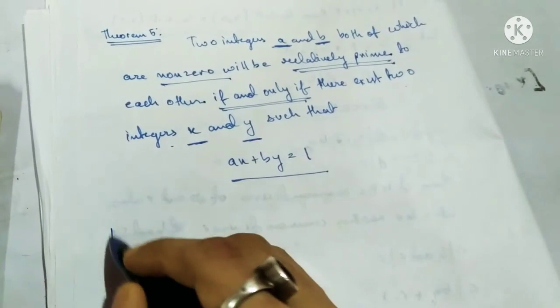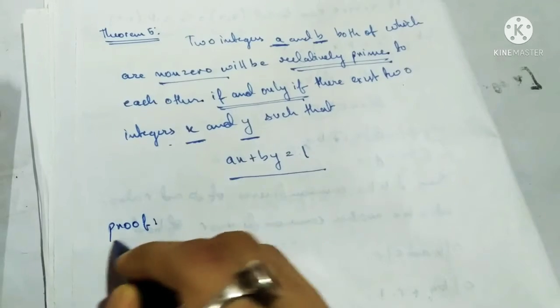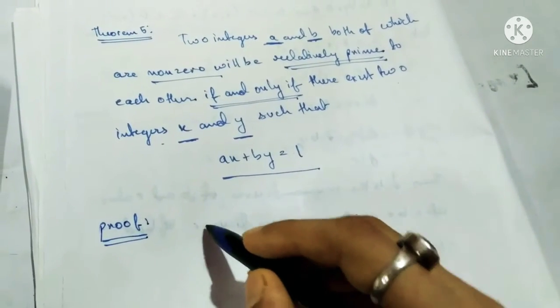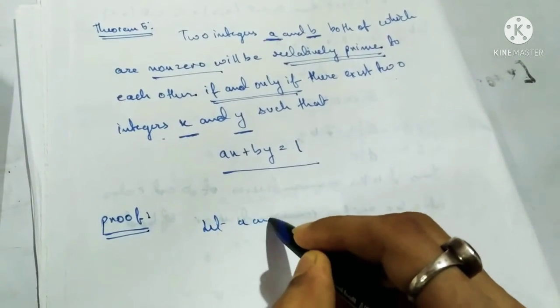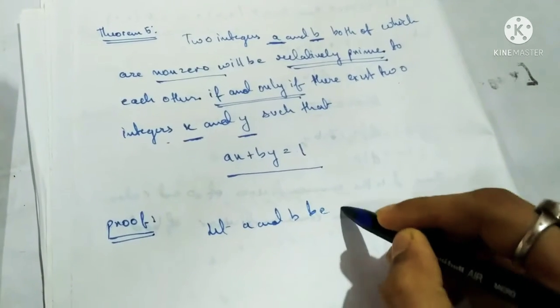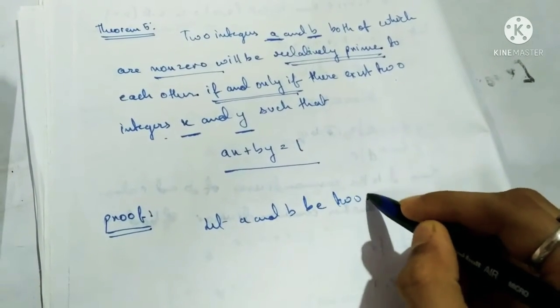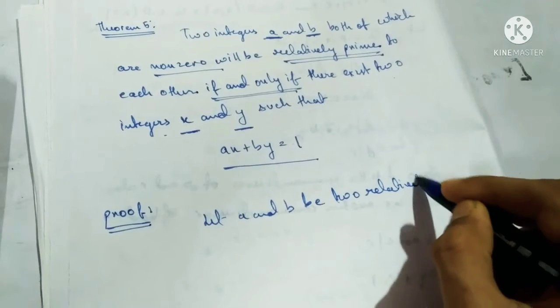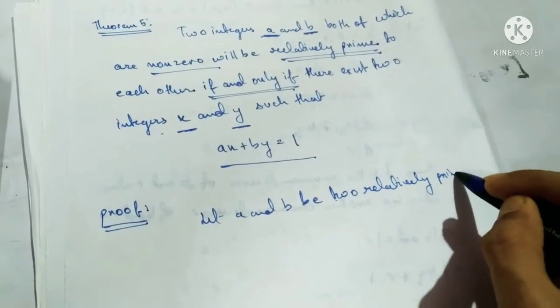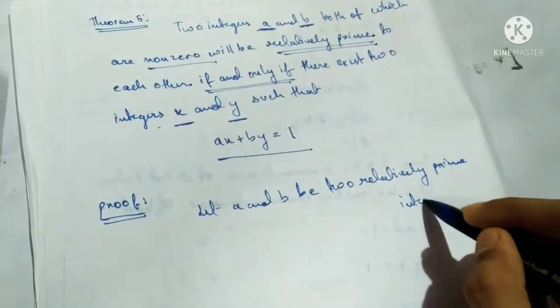So in here you see the proof. Let a and b be two relatively prime integers.